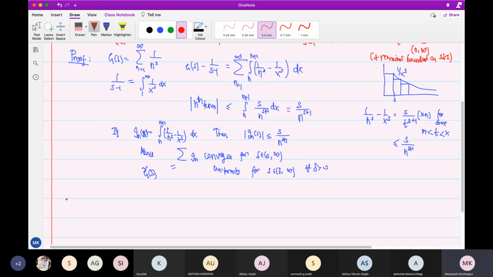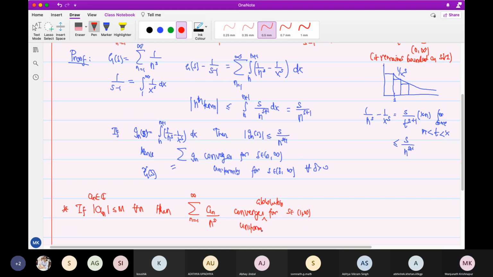So from that, of course, if you have anything with bounded coefficients, if the an are bounded, so here I even allow the an to be complex numbers, summation an by n to the s, n equals 1 through infinity, converges absolutely for s in 1 to infinity, and the convergence is uniform for s in 1 plus delta to infinity.